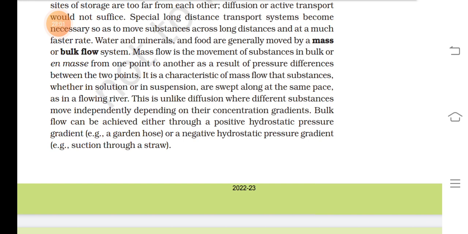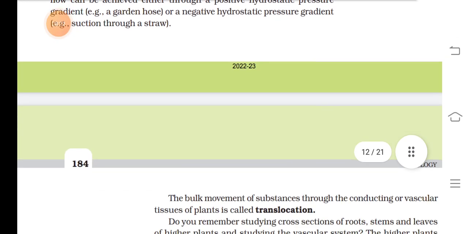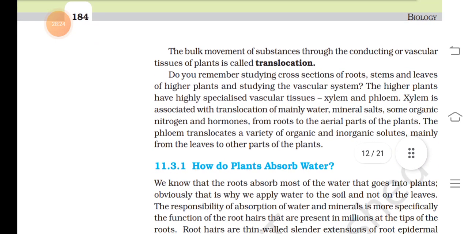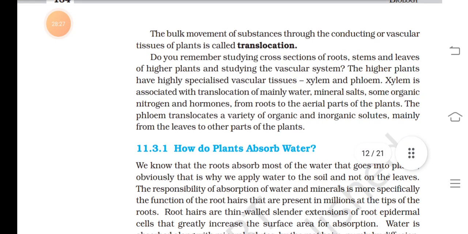This is unlike diffusion, where different substances move independently depending on their concentration gradient. Bulk flow can be achieved either through a positive hydrostatic pressure gradient, example a garden hose, or a negative hydrostatic pressure gradient, example suction through a straw. The bulk movement of substance through the conducting or vascular tissue of plant is called translocation.